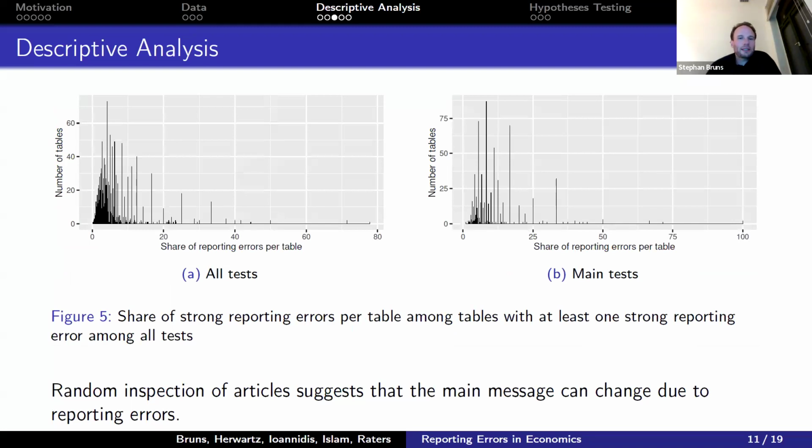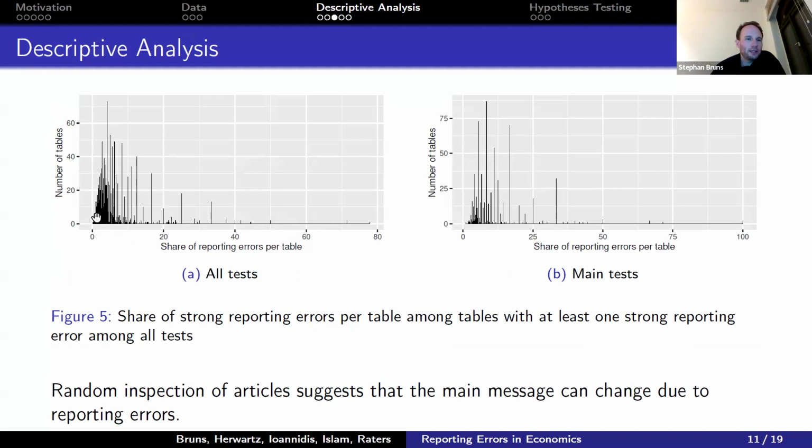So then we were asking ourselves how important this is. So do we only have single or isolated reporting errors, which might be just an accident? Or is this something that from time to time happens quite frequently? So here we looked at the share of reporting errors per table to get an idea of how many reporting errors actually occur in one table.